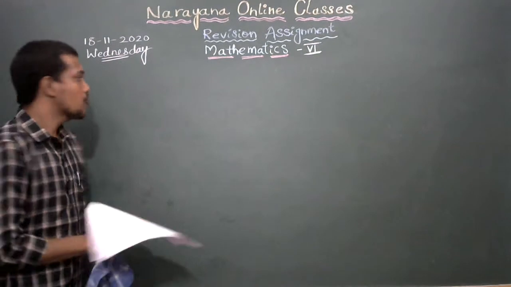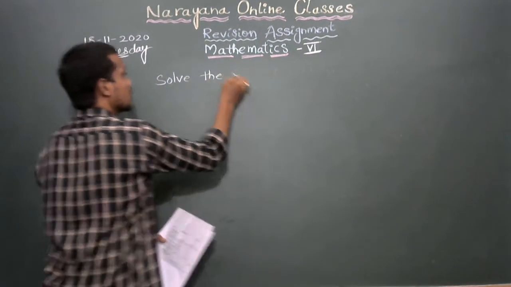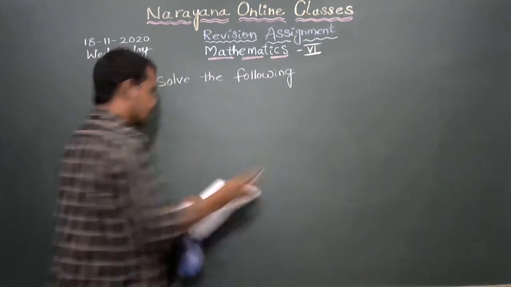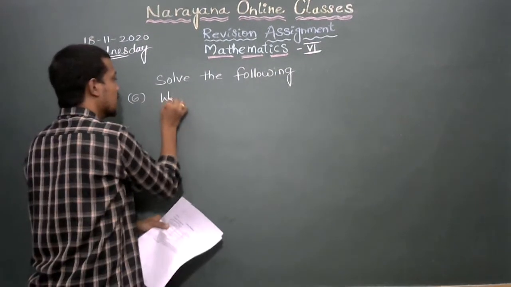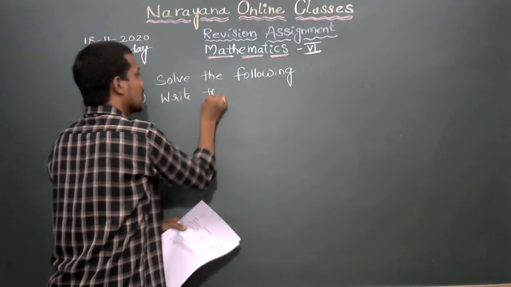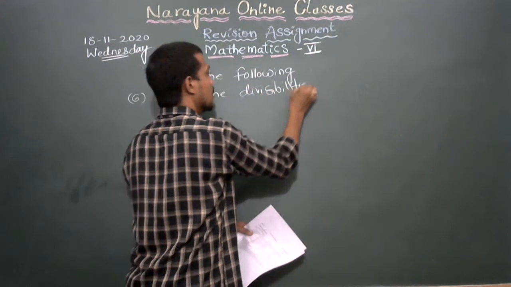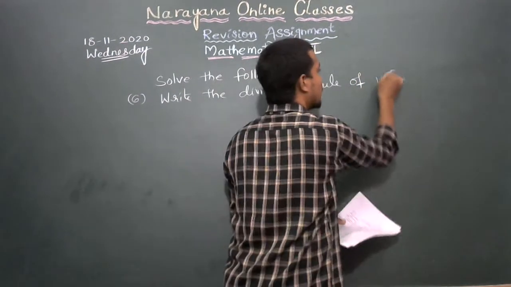Now solve the following. What is the sixth question? Write the divisibility rule of 11.